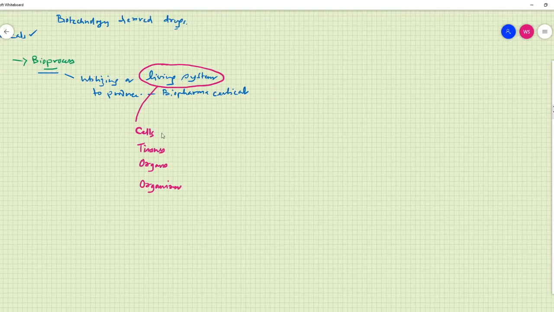Okay. So what type of cells are we talking of? These cells can be, say, bacterial cells. Okay. So there are certain bacterial strains, commercial strains like called Origami. These are all trade names. Okay.